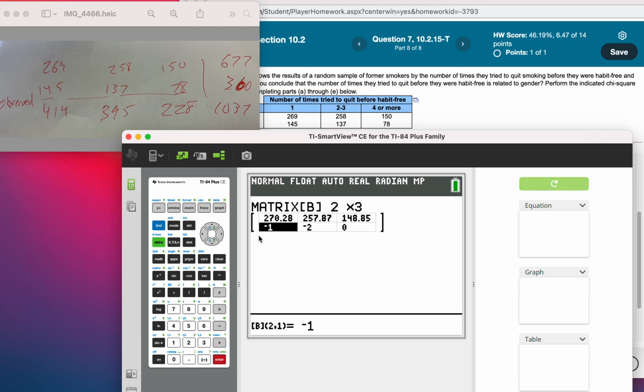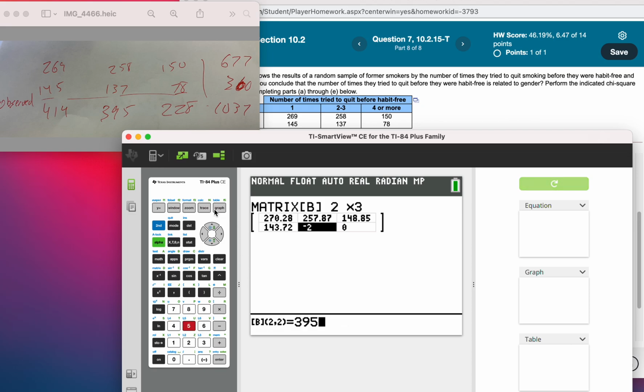At this point, you can finish yours and probably fast forward me to get to the next part if you want. I'll just keep chugging away here. To get this spot here, now it's 395 times 360. I maybe could have explained it. This spot was 414 times 360 divided by 1037.